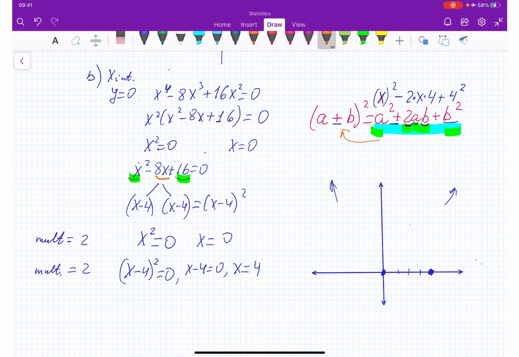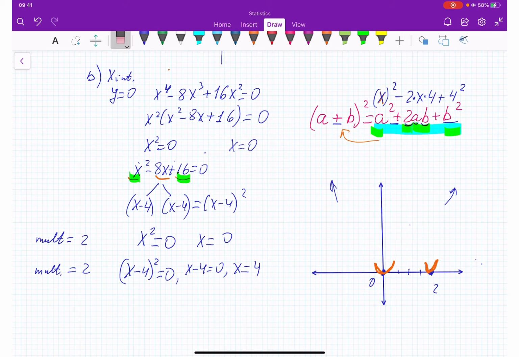And because my end behavior is up, that means it's going to turn up. Now multiplicity is 2 for x equals 4 also. It's also going to turn up because it's even, and because end behavior is up, it's going to turn up.